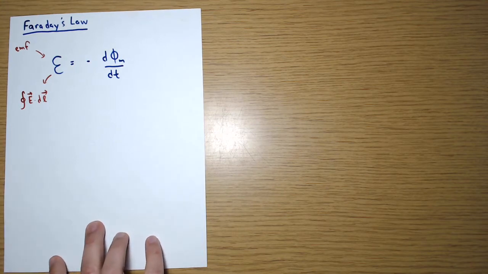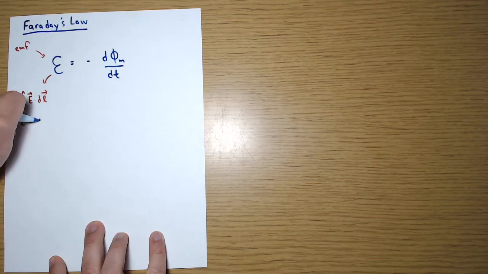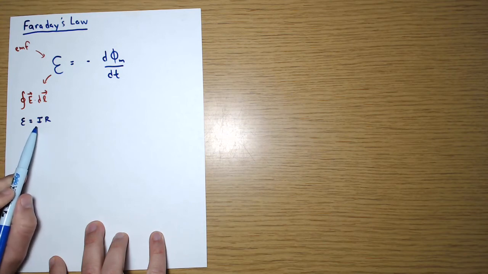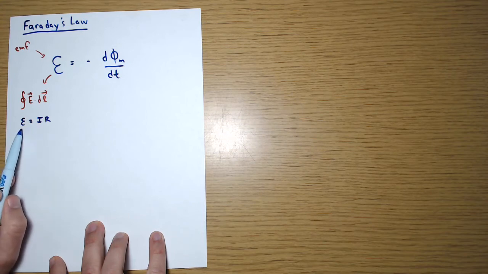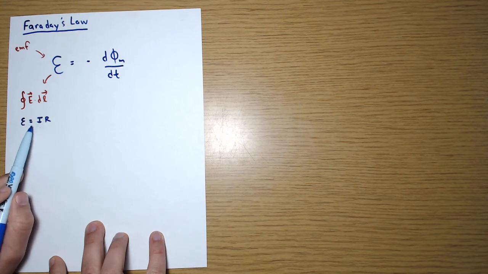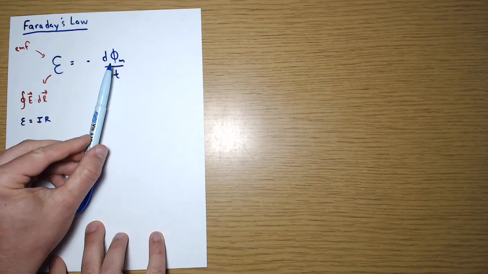And you can think of induced current as this EMF that we're dealing with right here. It is equal to I times R. So if I have a wire present where the induced EMF is, there's going to be a current that flows, and that's the induced current. And that's strictly due to a changing magnetic flux.